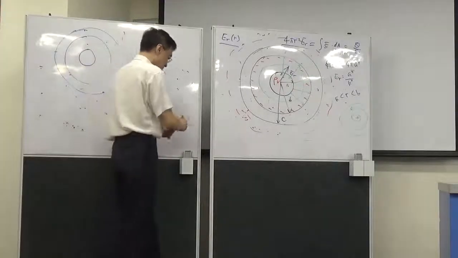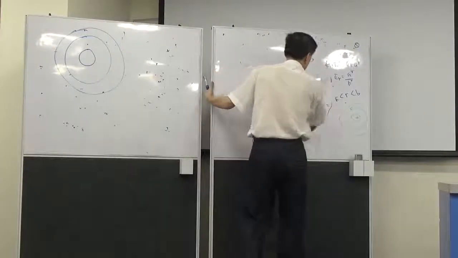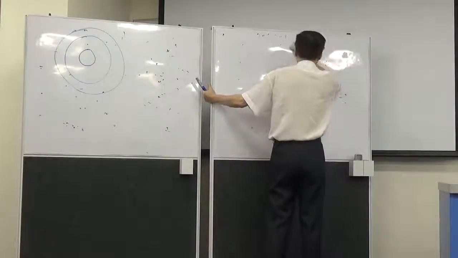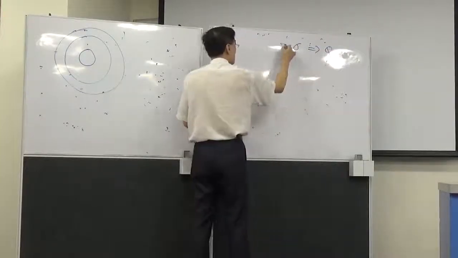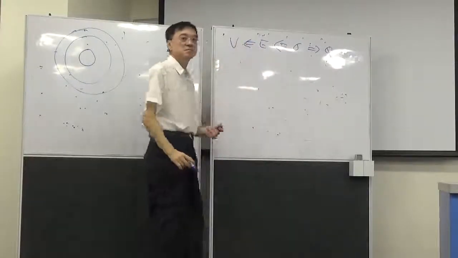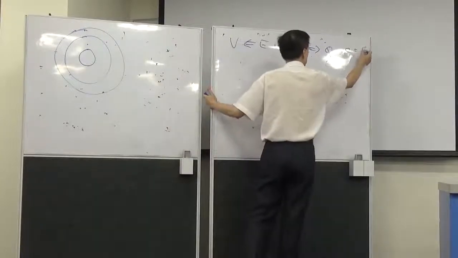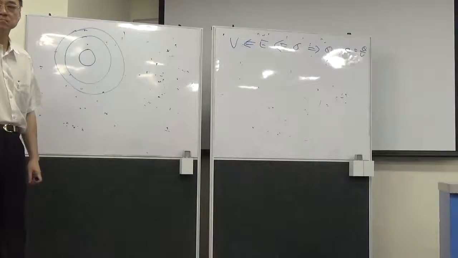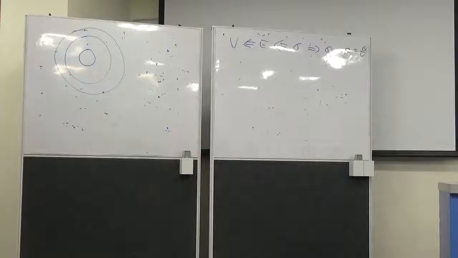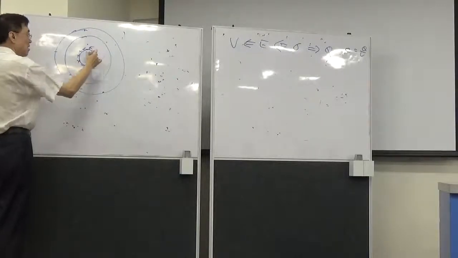Remember our formula, and C is equal to Q over V. So what I do is I assume a certain uniform charge density sigma on the surface of the metal.